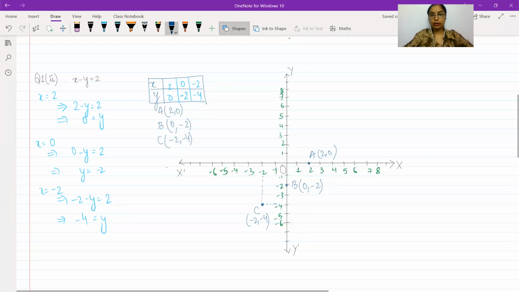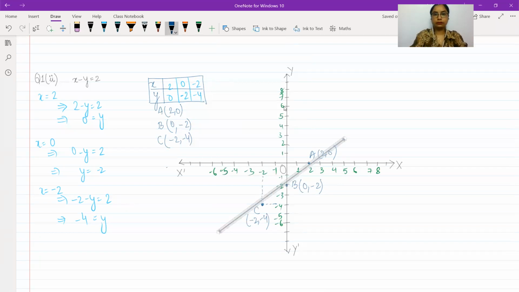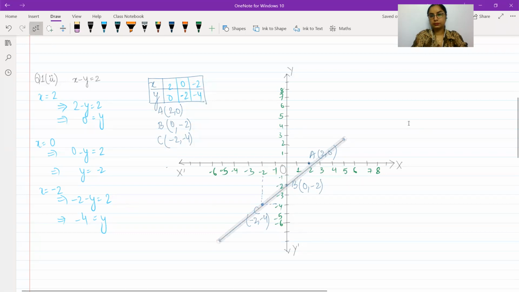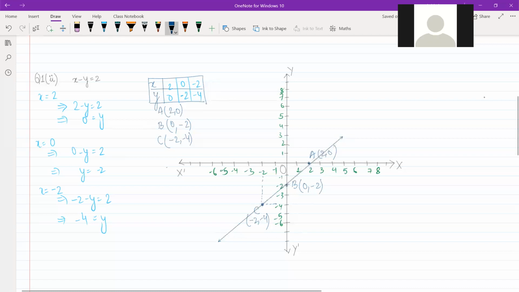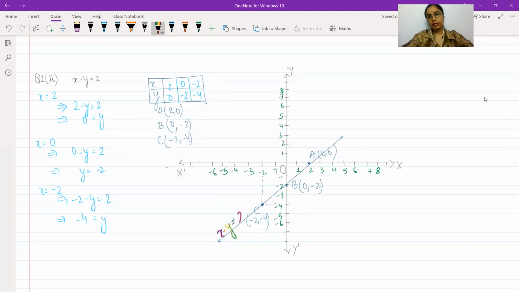And then you can draw a line passing through these 3 points, which will be the graph. So the equation for which this graph is drawn is x minus y equals 2.